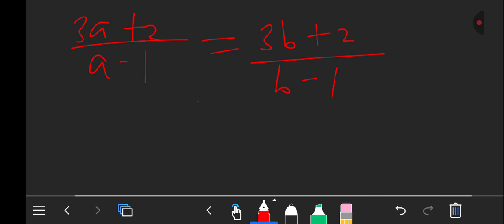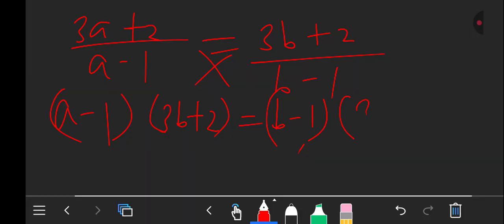So what are we going to do here? We cross multiply. So a minus 1, we multiply by the numerator on the other function. So it will be a minus 1 multiplied by 3b plus 2, which will be equal to b minus 1 multiplied by 3a plus 2.